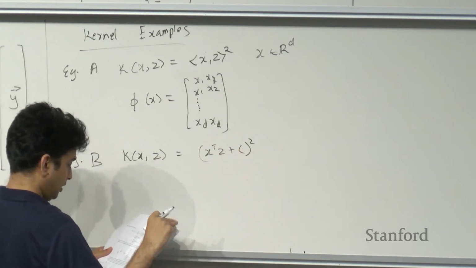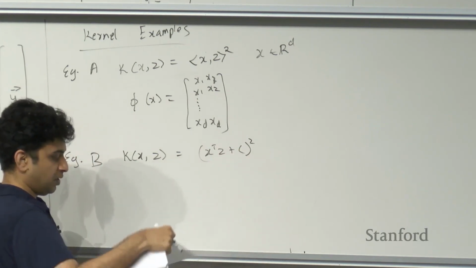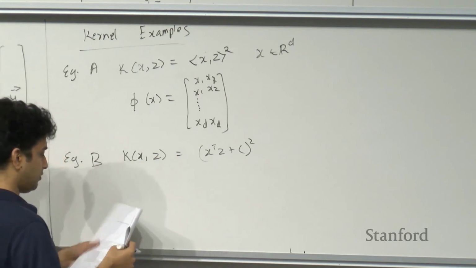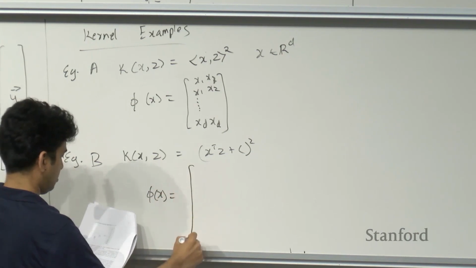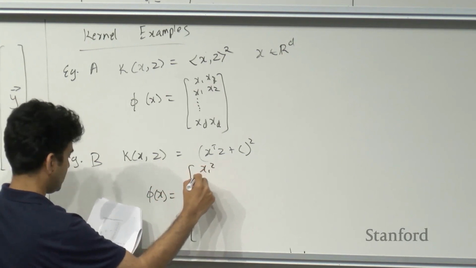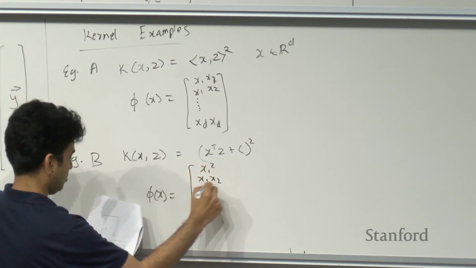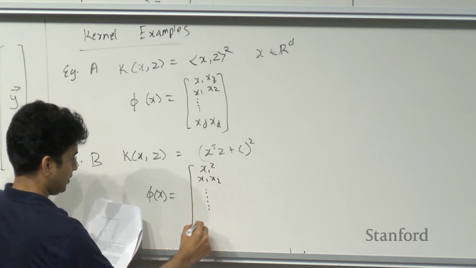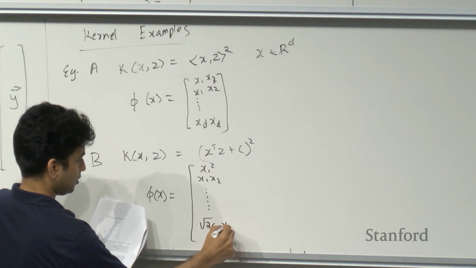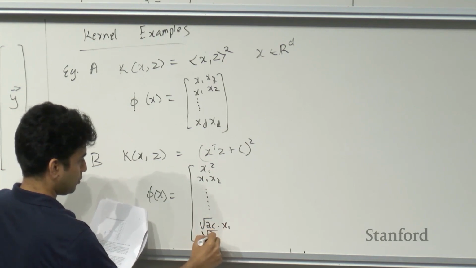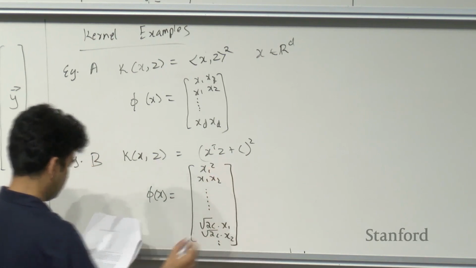That's also a kernel, which corresponds to a feature vector that looks like this: phi of x equals x1 squared, x1 x2, and then you have square root of 2c times x1, square root of 2c times x2, and so on.